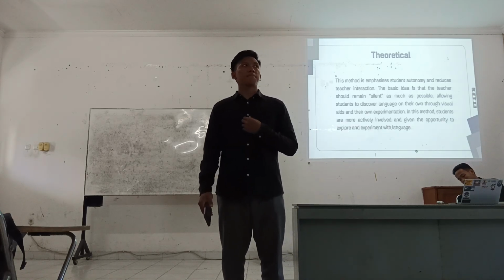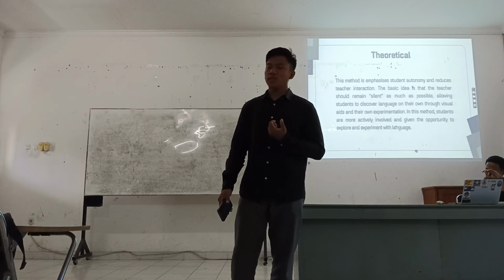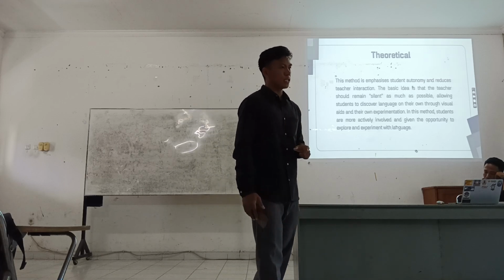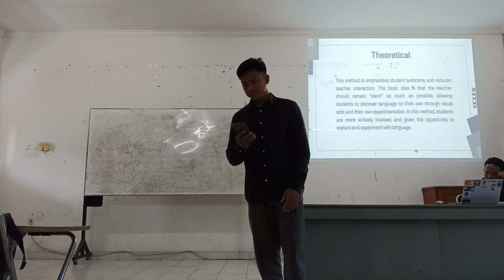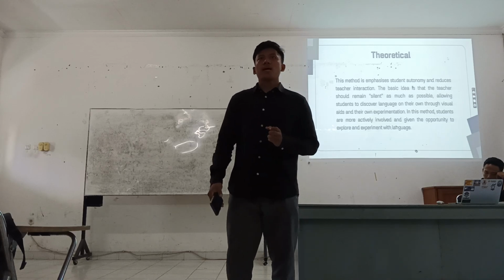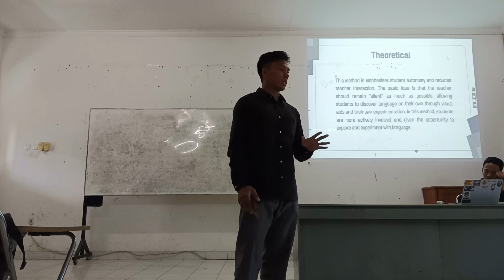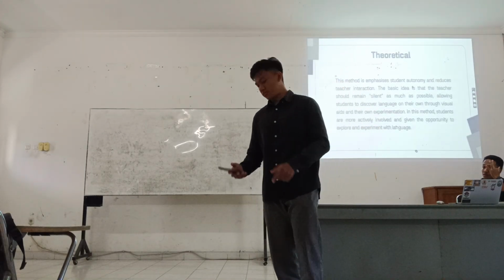They can make decisions in the class rather than the teacher, and they can fix their mistakes by themselves. So the teacher just gives them a cue if they make mistakes in the classroom.